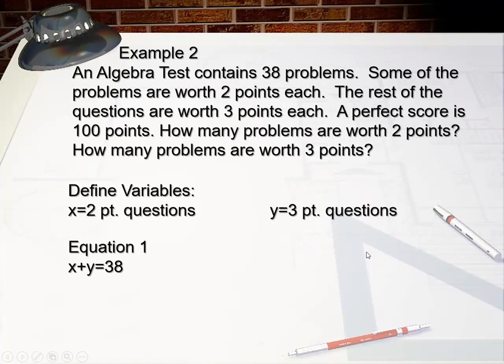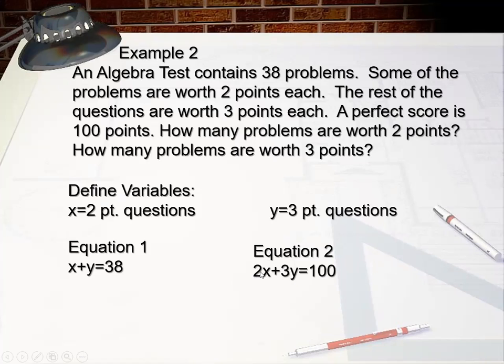So not cost here, but points. Because each of the 2-point questions go with X, that would give us 2X. The 3-point questions go with Y, that gives me 3Y. And the total points on the test is 100.